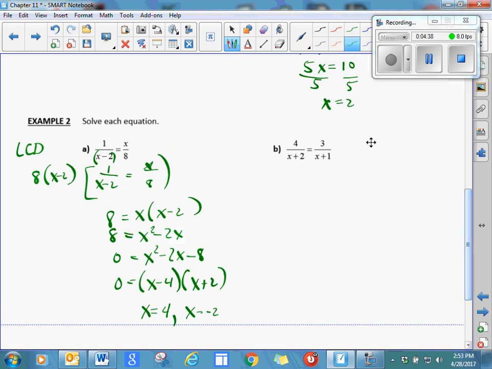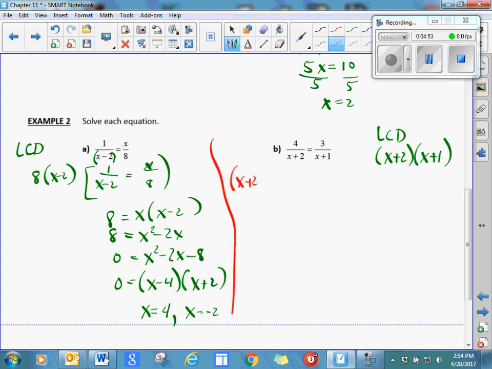All right, this last example on this video, the LCD is these 2 factors. And I'm going to, let me get another color going here. I'm going to write them outside my original equation.